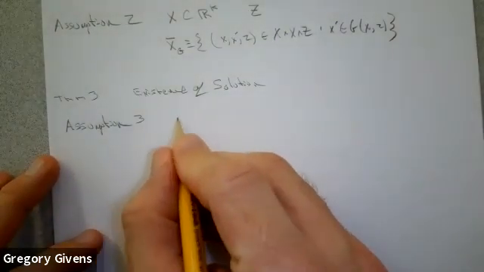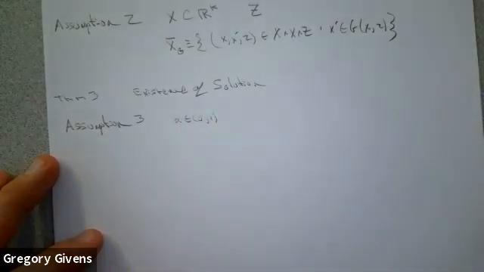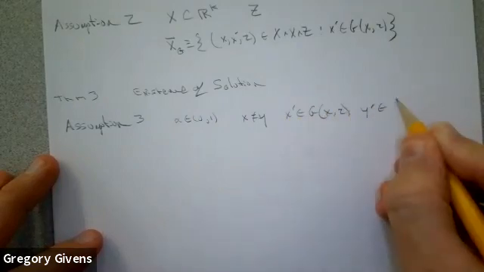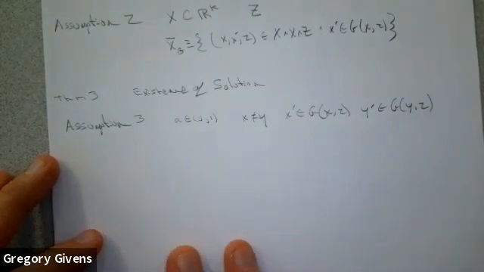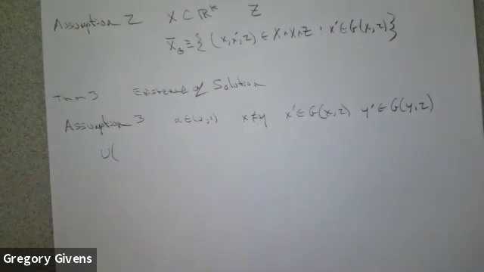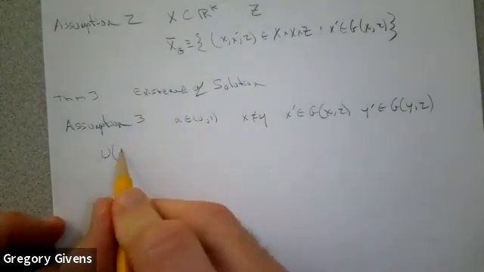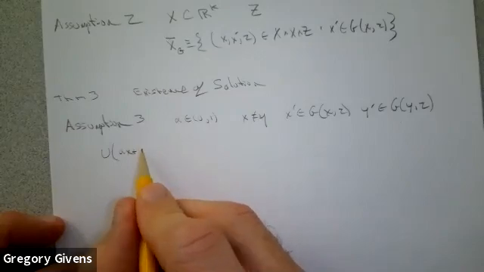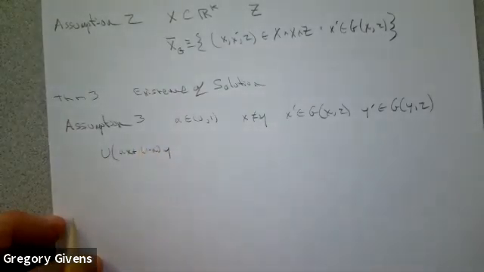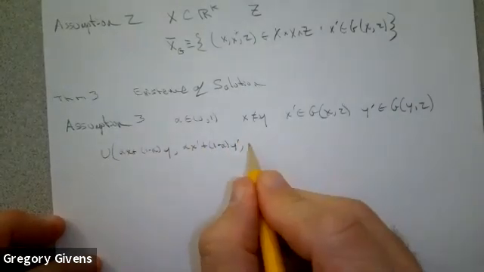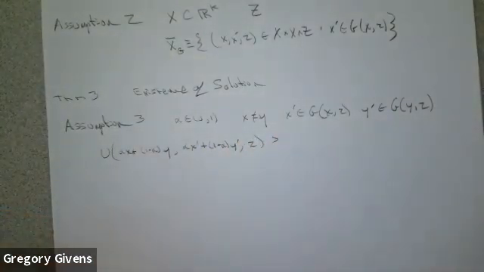If you take any alpha between 0 and 1, and you take any x that's not equal to y, let's say, where x prime is in g of x, z, and y prime is in g of y, z, then the utility function evaluated at the linear combination of these 2 points, that is alpha x plus 1 minus alpha y, comma, alpha x prime plus 1 minus alpha y prime, comma, z has to be strictly greater than the linear combination of the utility functions evaluated at the 2 points distinctly.